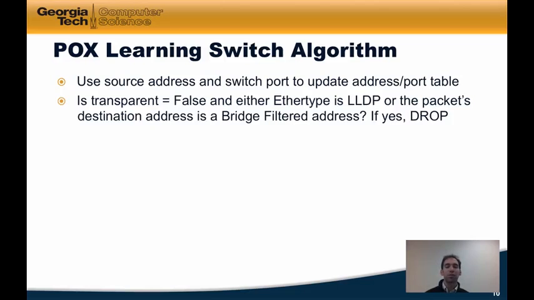The second is to drop certain types of packets. The third is to check whether the destination for the packet is a multicast destination. If it is, the controller instructs the switch to flood the packet on all output ports.